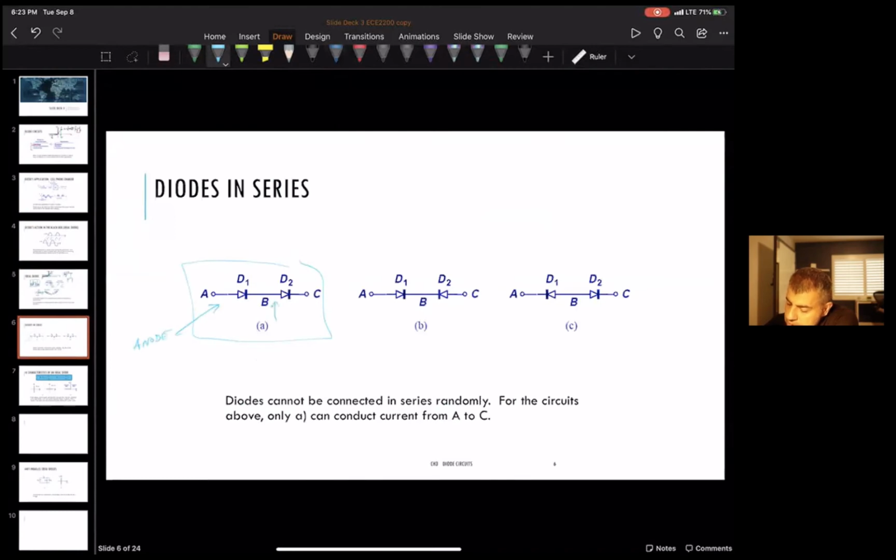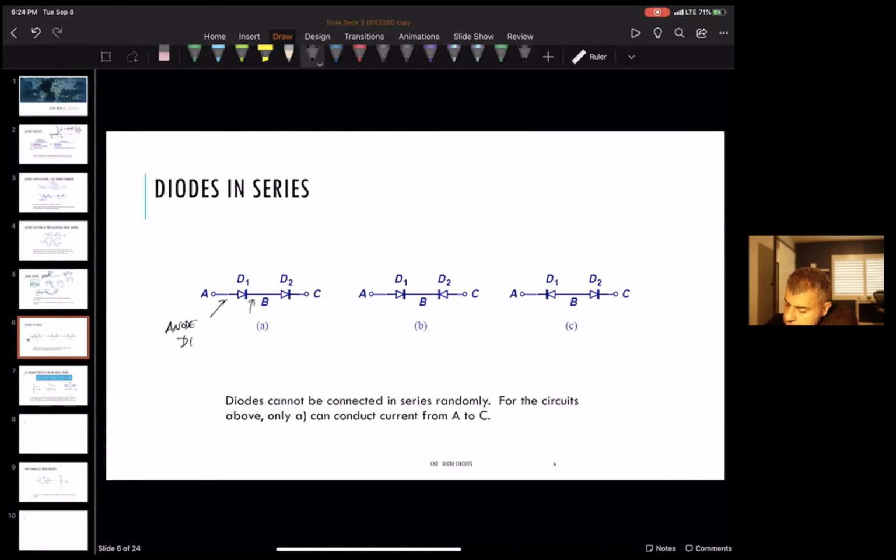And this is called the cathode. I mean, sorry. So this is the anode, this is the cathode of D1. Actually, let me write it this way. Okay, so this point is the anode of D1.